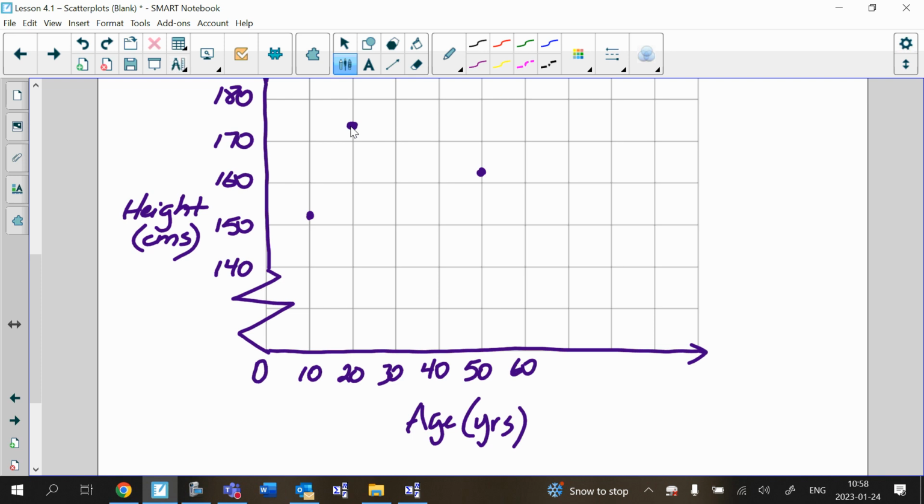20, 163, which is around there. 40, 168, which is around there. 50, 178, which is around there. 10, 142, which is around there. 30, 162, 40, 178.